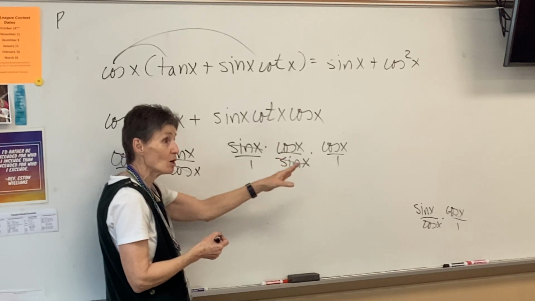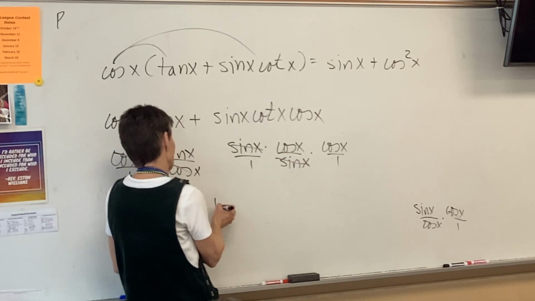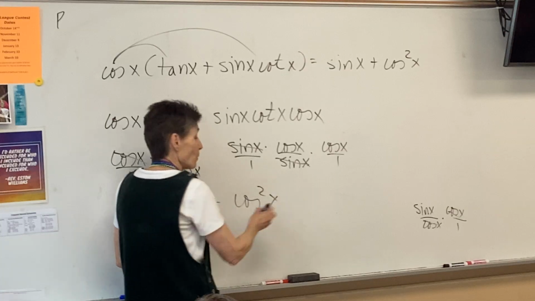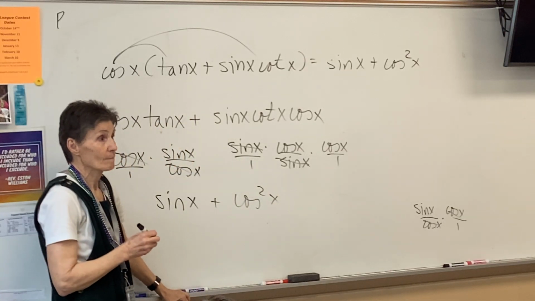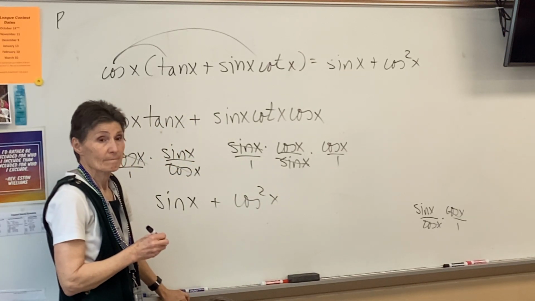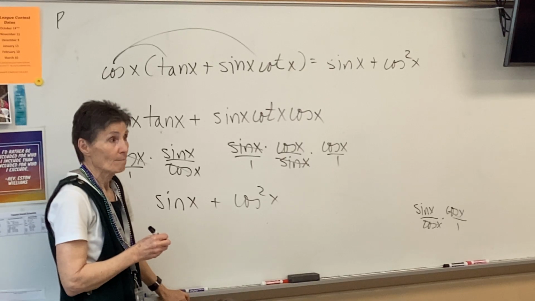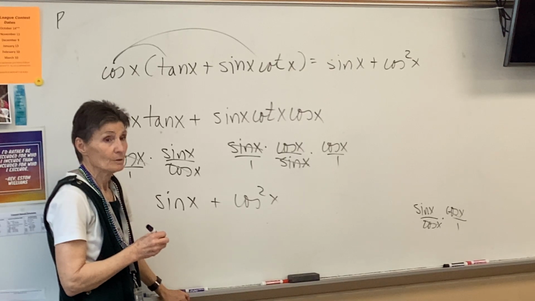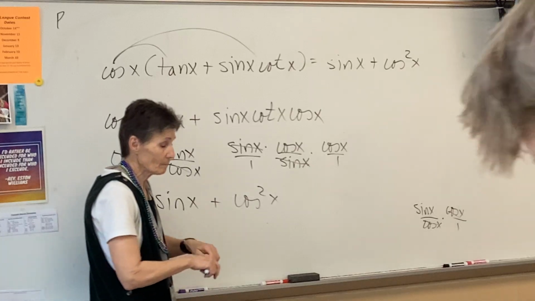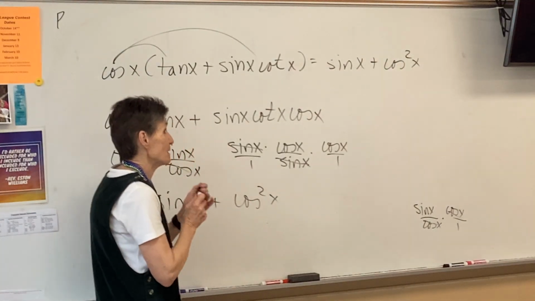But cosine and cosine is cosine squared. You good with that? All right. I'm gonna stop there.